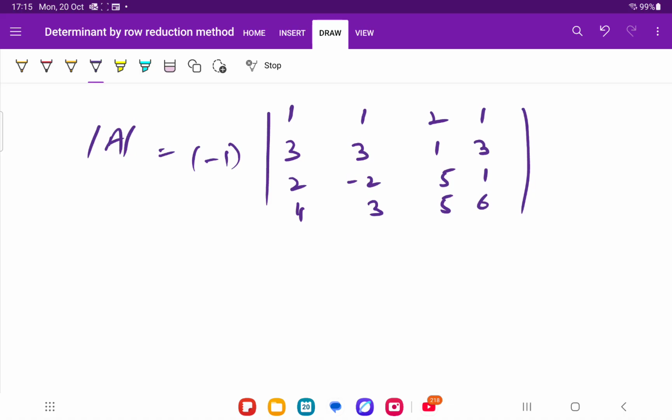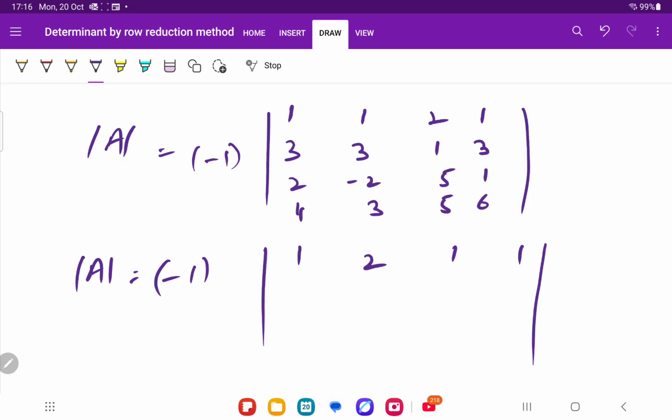Now we got the leading element 1, and you are already familiar with the row operations. My objective is to convert 3, 2 and 4 to 0. The leading row will stay the same, and rows 2, 3 and 4 will be changed. The opposite sign of 3 is minus 3.